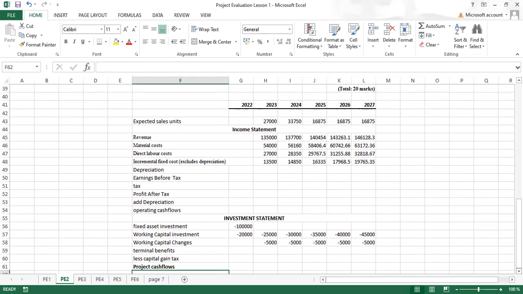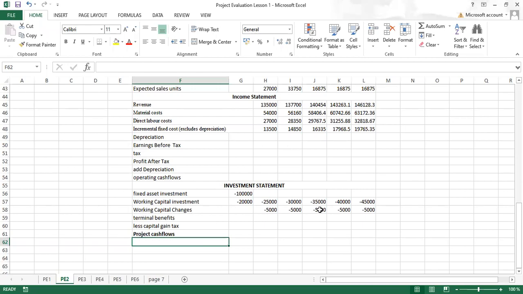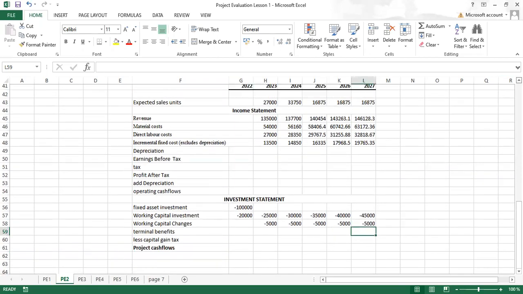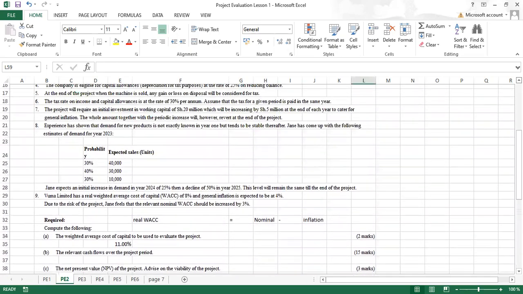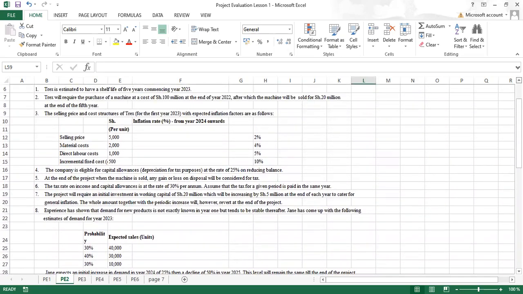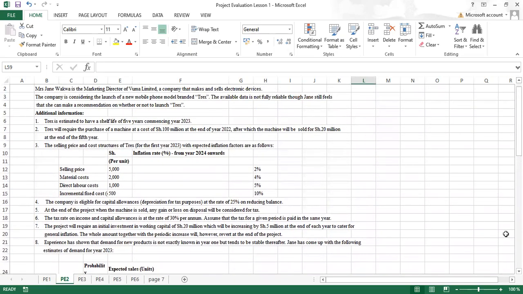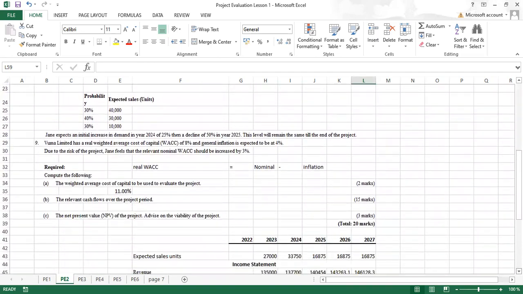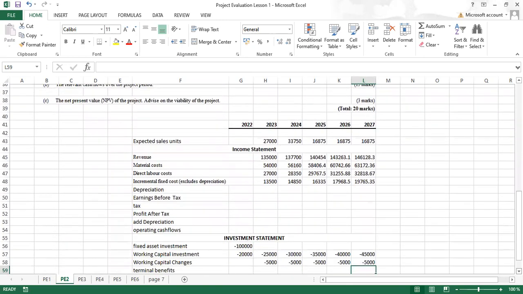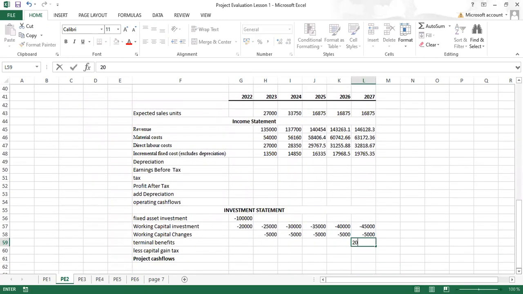Here, in fact, we've forgotten under terminal benefits, first we have the salvage value. Was it 20 million? Yes, the salvage value was 20 million. Sometimes it's good to confirm so that I don't write something that was not there. 20.